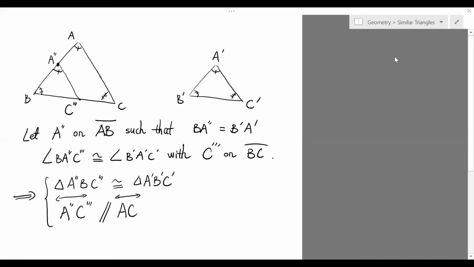Under this construction, we immediately have the triangle A double prime BC triple prime congruent to the triangle A prime B prime C prime by the angle-side criterion, and the line A double prime C triple prime parallel to the line AC by the alternate interior angle theorem. As a result, we have A prime B prime over AB equal to B prime C prime over BC.